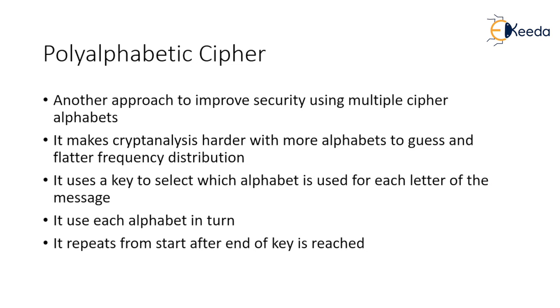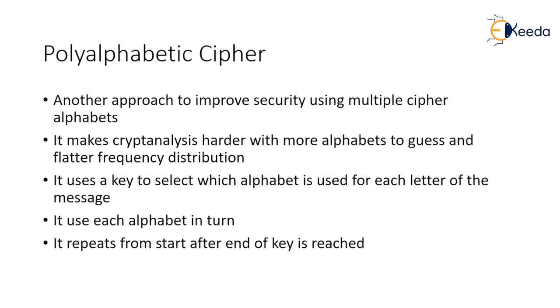And whatever key we are using, when the end of the key is reached, we have to start again from the beginning of the key. So this is the basic functionality of the polyalphabetic cipher, wherein we use multiple cipher alphabets instead of the two-letter encryption in the Playfair cipher.